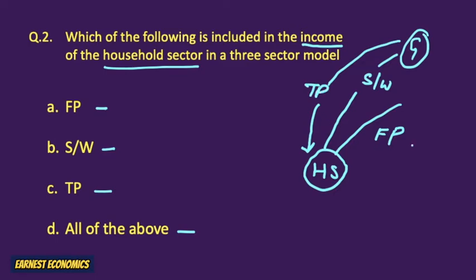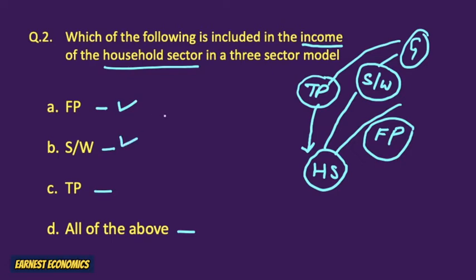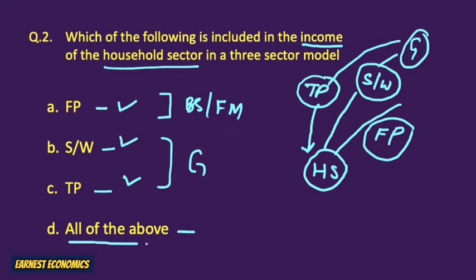So we have three main sources of income for the household sector: factor payments, salaries and wages, and transfer payments. These two come from the government, and this comes from the business sector or factor market.